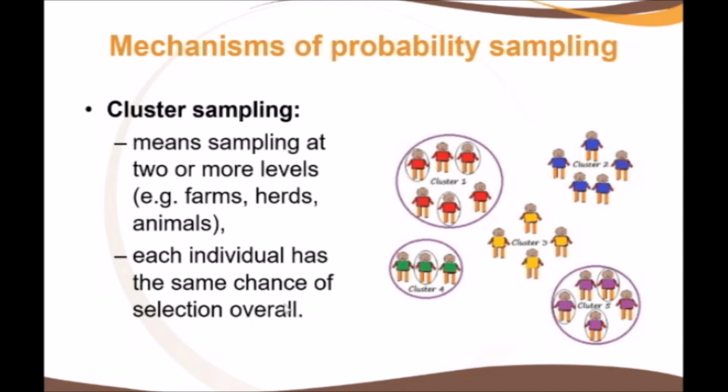In other words, you're not being biased. You're not coming up with a certain criteria. You don't go looking for herds that you think have got more problems. Here, all the herds are put in the hat. You select out 2 herds, and those are the ones that you're going to study. And then we assume that they represent all the other herds in the area.